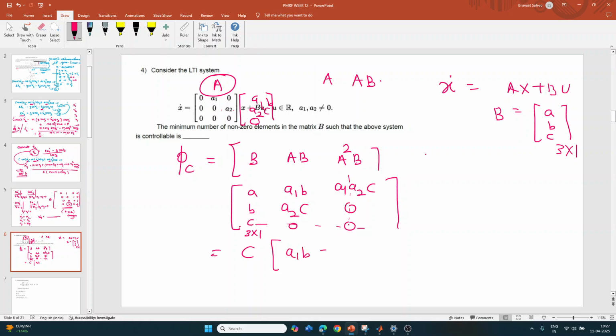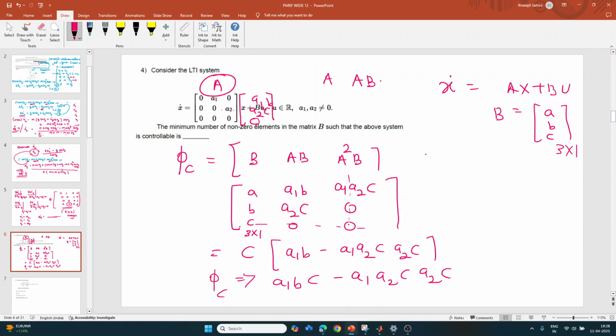A1B minus A1 A2C into A2C. So everywhere A1BC minus A1A2C A2C. I don't know if I am doing wrong or right, you just check it out. It's the determinant of the matrix.